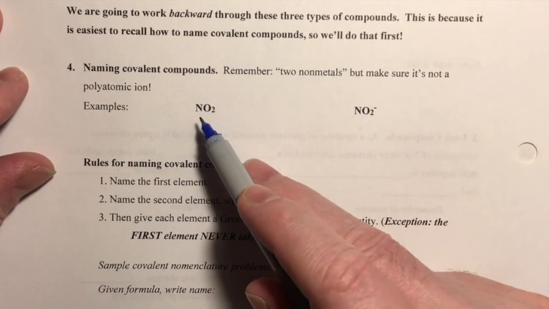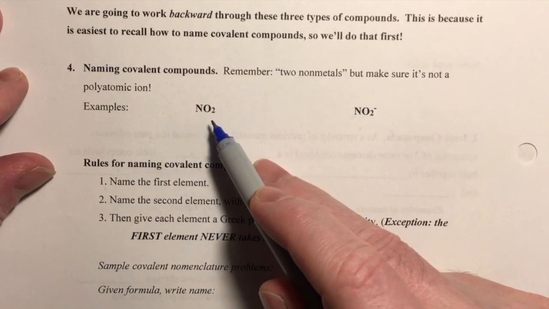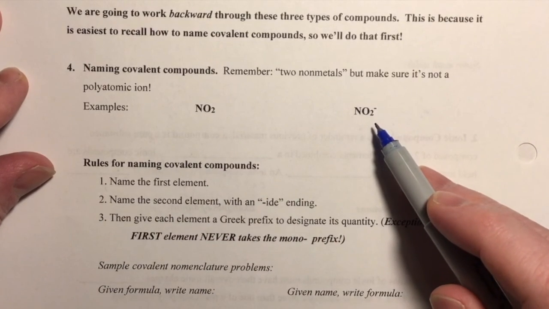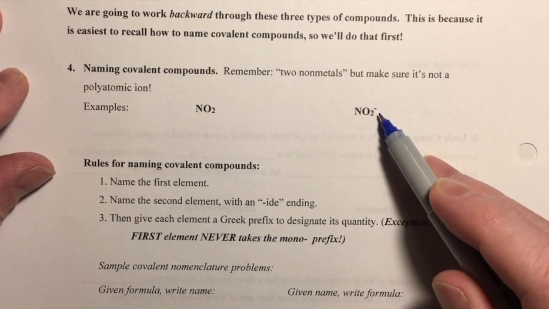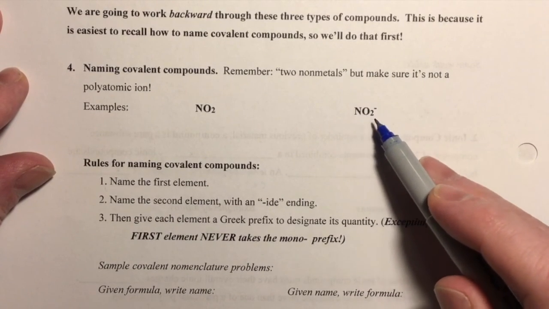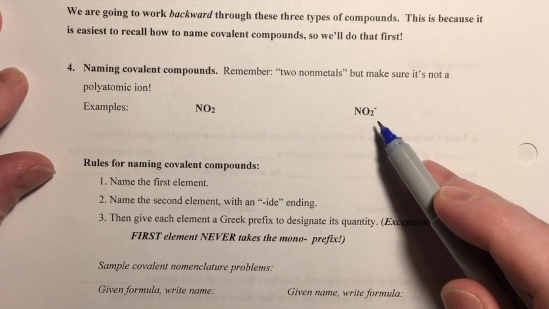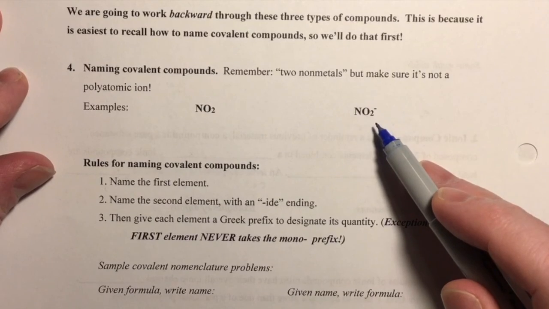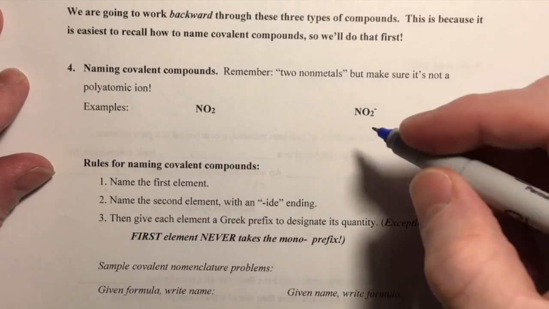The one on the left, NO2, that is a covalent compound, and it is nitrogen dioxide. The one on the right, however, is NO2 with a minus charge, and that minus charge right there indicates that this is not a covalent compound, but instead this is a polyatomic ion. And as you will see soon, this polyatomic ion is called nitrite.